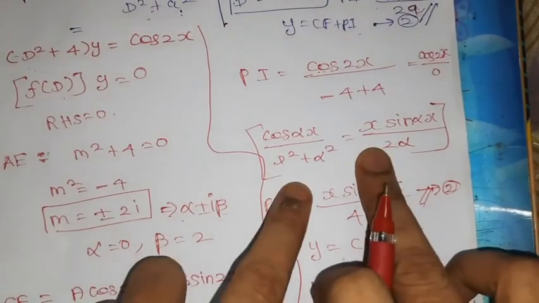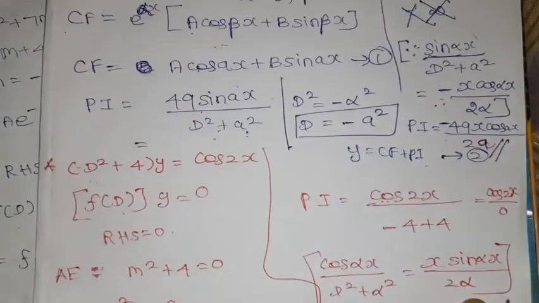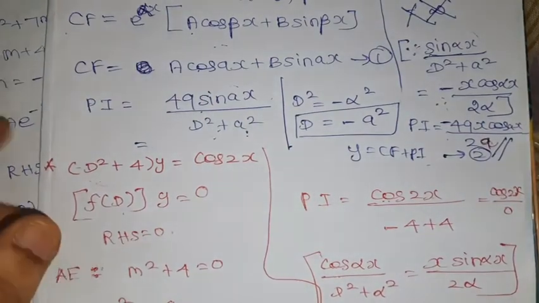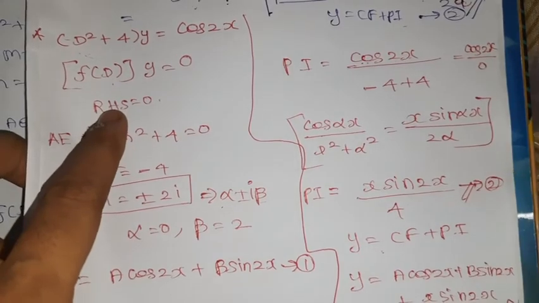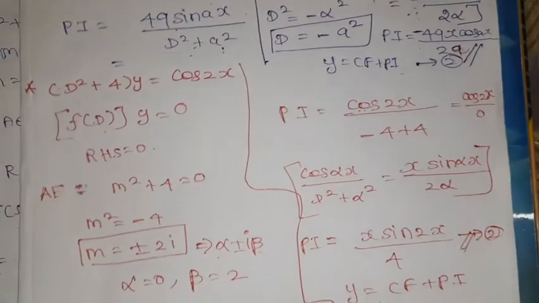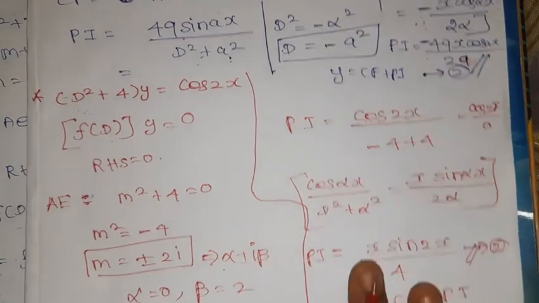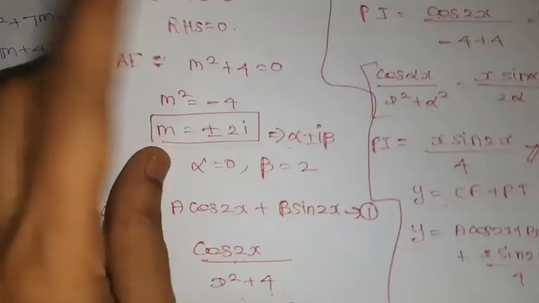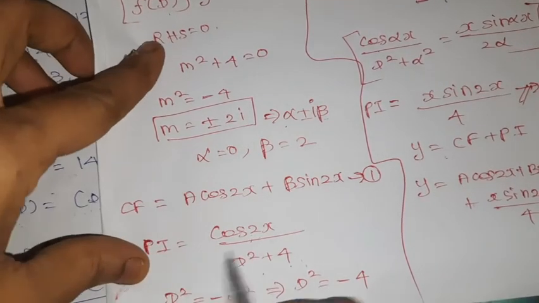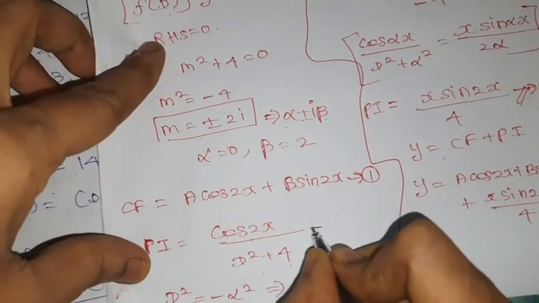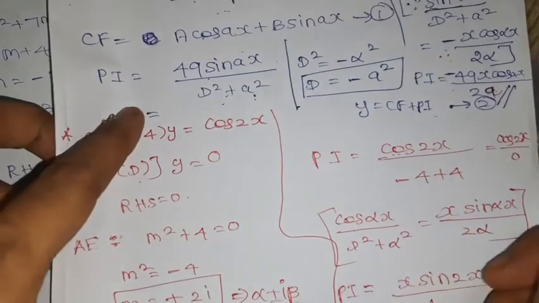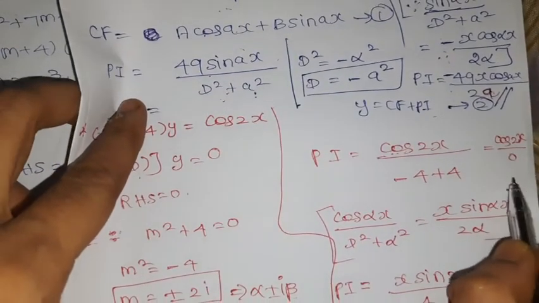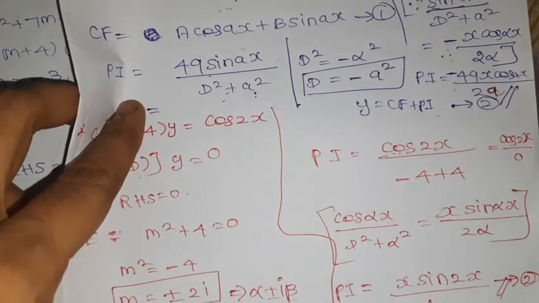So this is the general derivative; we should mug up this. What if we forget this? What is the next shortcut? Whenever we get 0 in the denominator, how do we proceed?